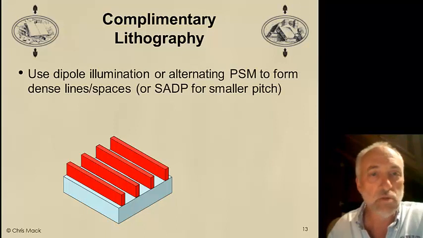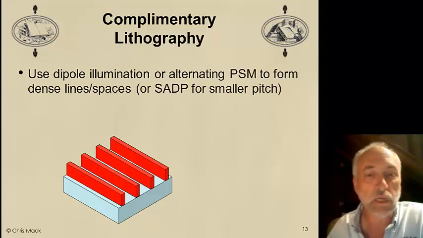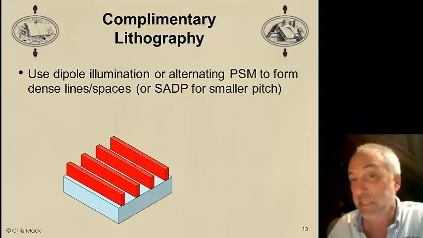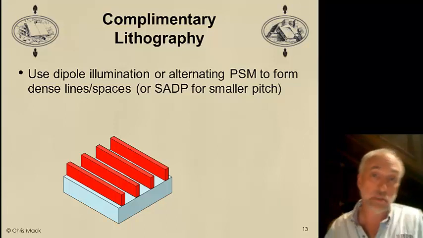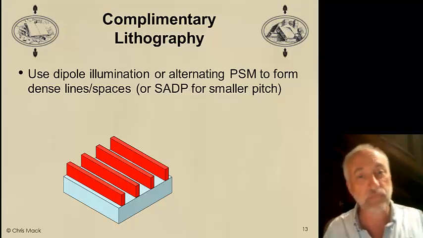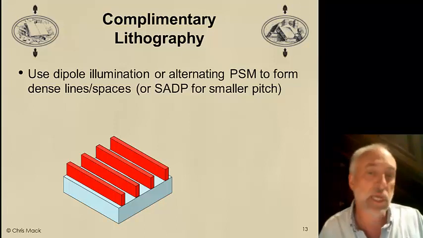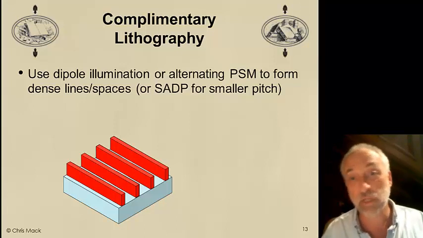Here I use some kind of a method of creating small lines and spaces. I could use dipole illumination so that I can get pitches down to the minimum, or phase shifting masks, and produce, say, 80 nanometer pitch features at the limits of 193 lithography.